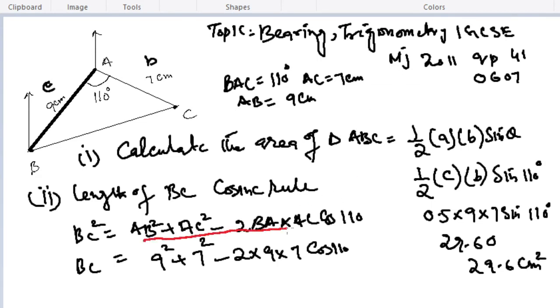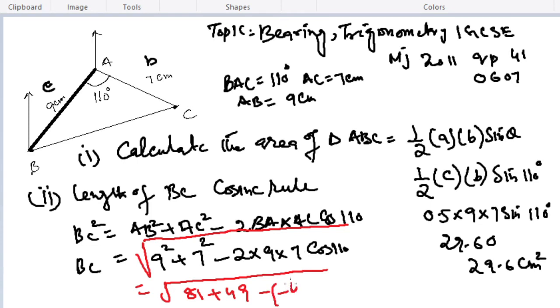The result becomes 81 plus 49 minus what is coming here, 2 into 9 into 7 and cos 110. What's the result? It's minus 43.09.